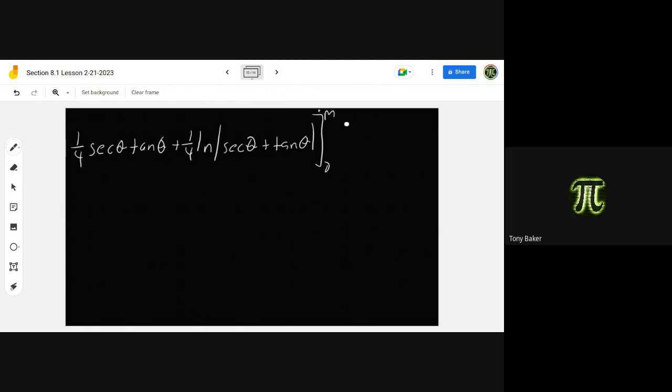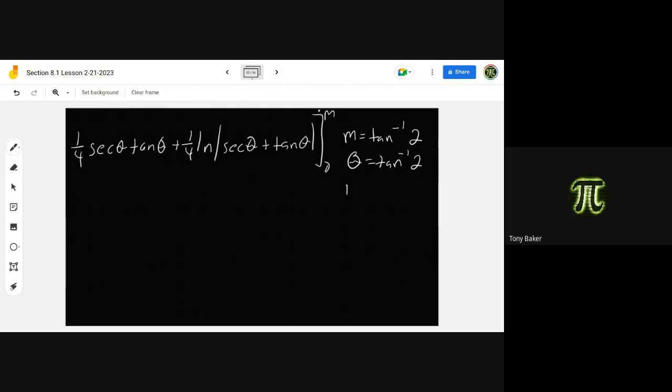So this was to M, and M was the arctangent of 2. I need to find out what theta is. In this case, theta is the arctangent of 2, if you remember right, and I have the 0, which we'll do too.